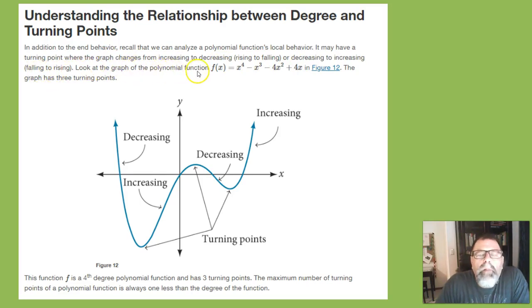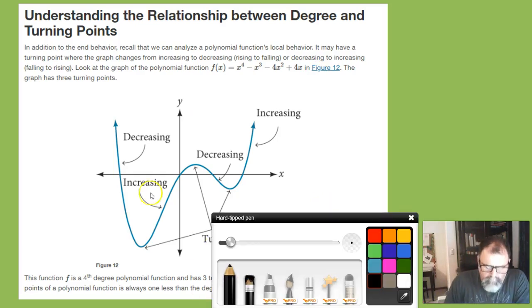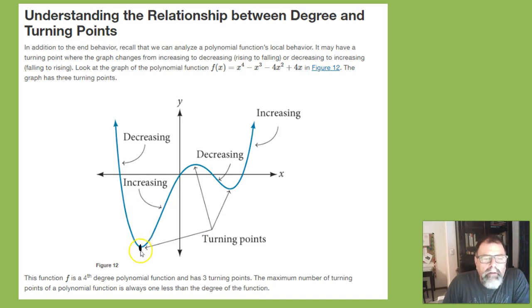Look at the graph of f of x equals x to the 4th minus x cubed minus 4x squared plus 4x in figure 12. The graph has 3 turning points. You can see right here, it's decreasing, it stops, turns, increases.